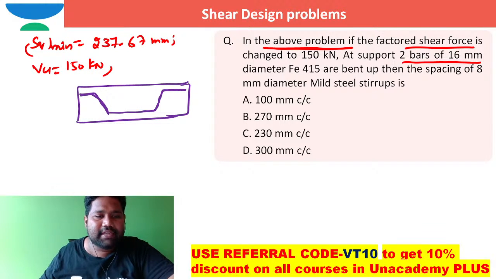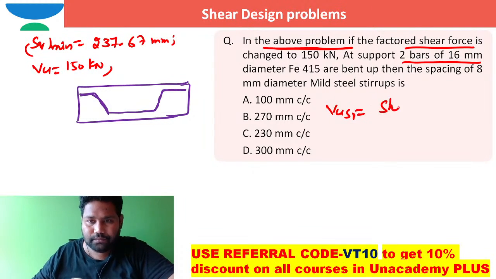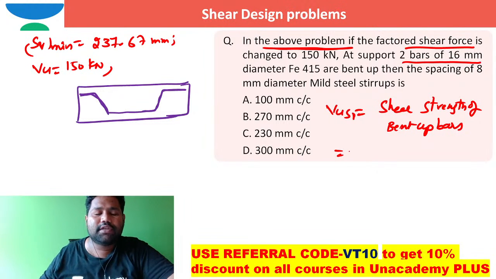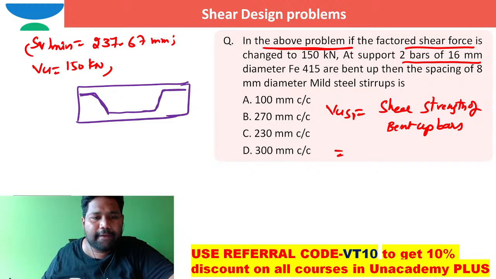Some people will say, sir, what is the shear strength of a bent up bar? How can we work out the shear strength of bent up bars? If VUS1 is the shear strength of bent up bars, what is the equation for it?